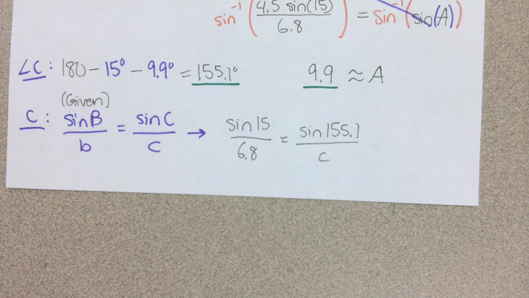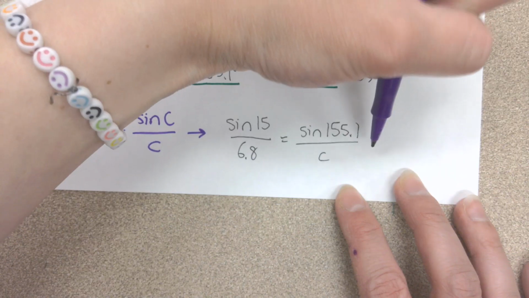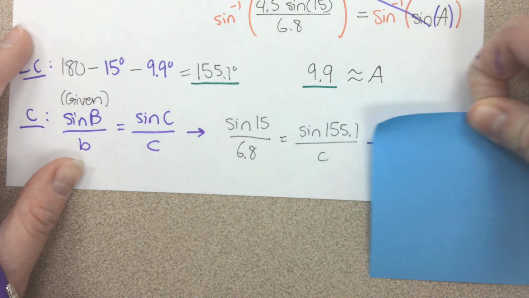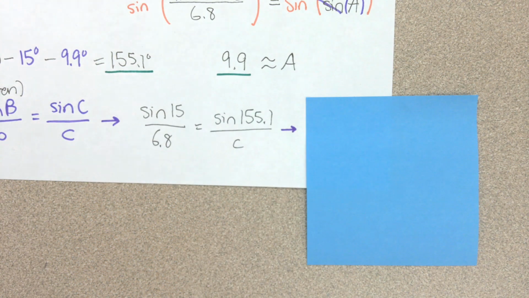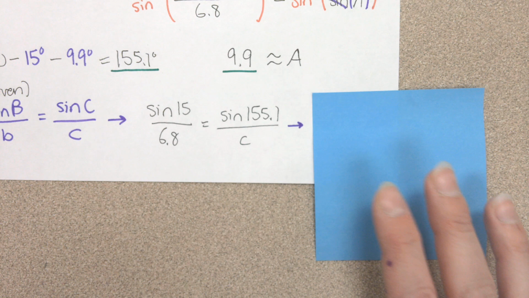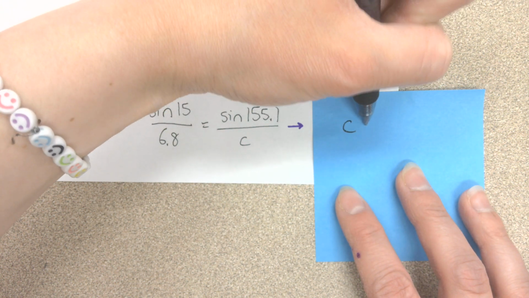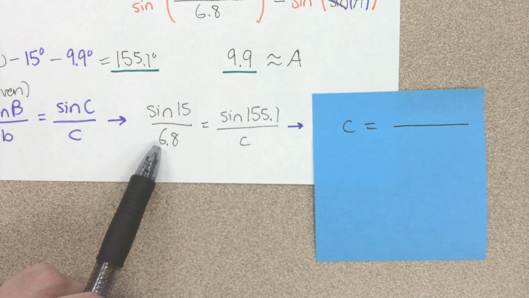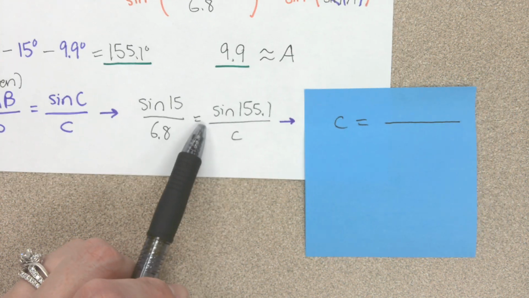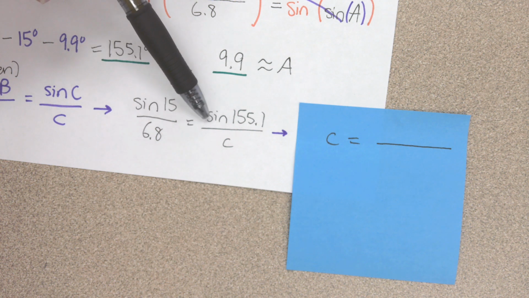And then I am just out of space, but I can fit this on a Post-it note, so do that. Now I'm going to kind of cheat here. Looking at your guys' homework, you guys are clearly able to follow the cross multiplying and deduce what would happen very quickly. So I'm just going to skip to the final setup of the answer. So the shortcut, just looking at it, the side that doesn't have the missing letter, so that would be 6.8 times sine of 155.1.